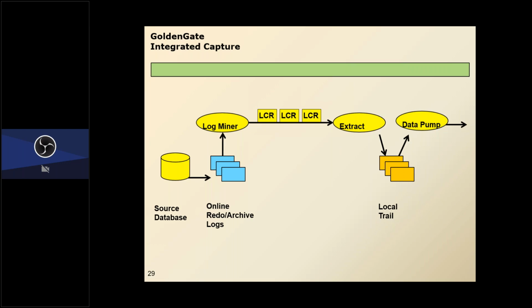So I repeat how integrated extract works: as soon as you configure the process, a log miner build happens upon registration. Whatever changes are happening in the database get written into your redo logs or archive logs. A copy of those changes gets written into the log miner database as well. You may know that log miner is used to mine the archive log.